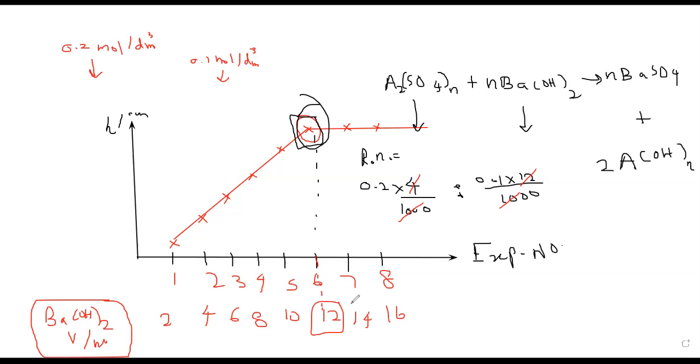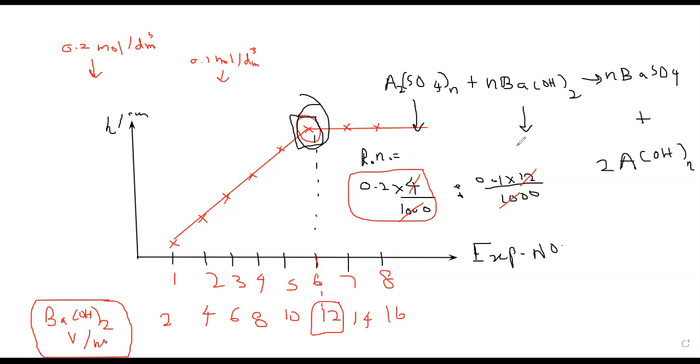Should the 4 be 6 as well? 0.2 times 4? This one is correct, because in all the experiments, as written in the question, the added A2SO4 volume is 4 milliliters for all. It doesn't change.